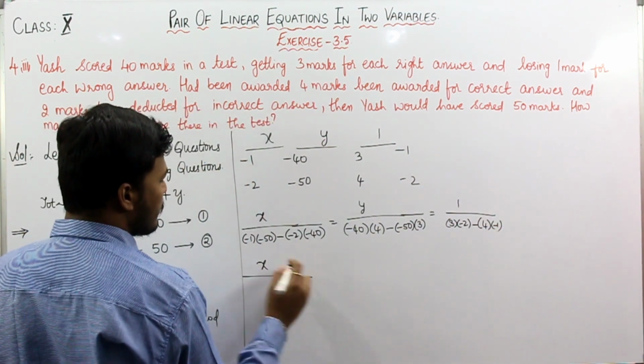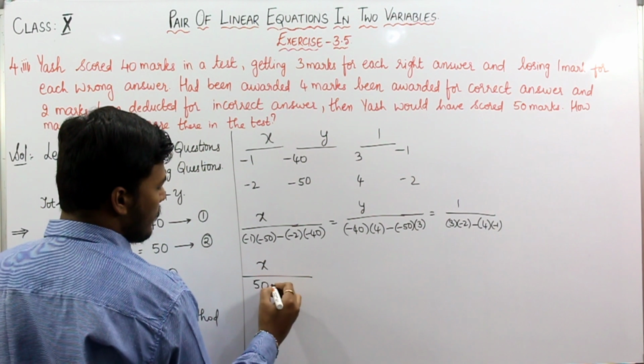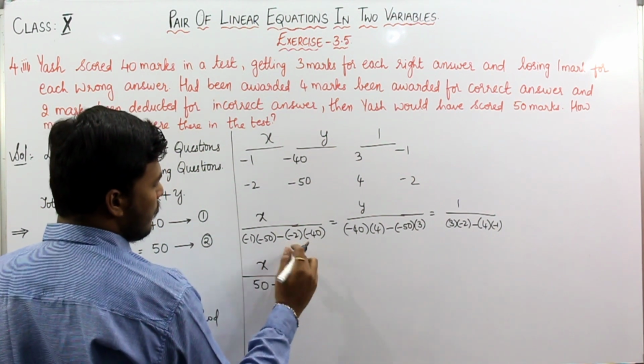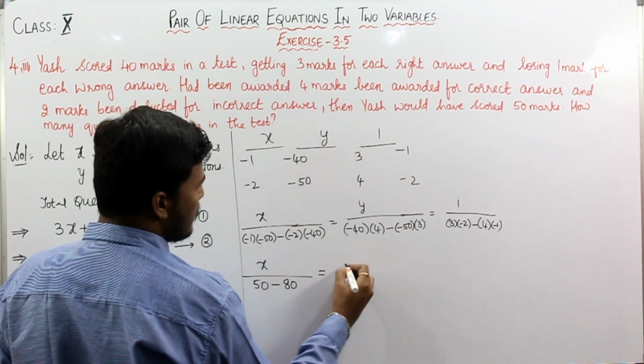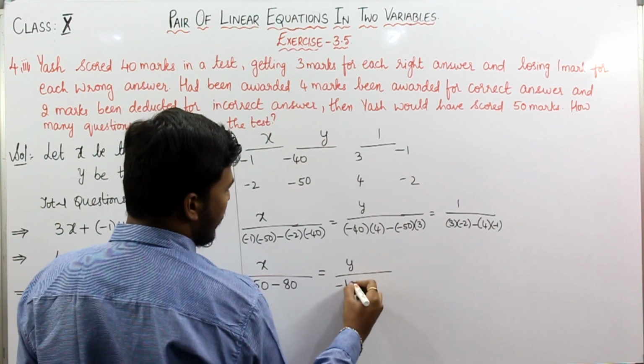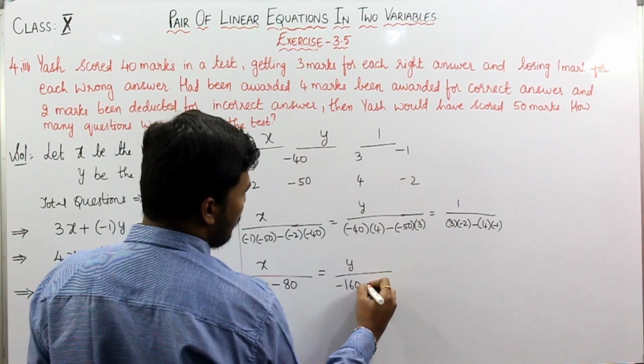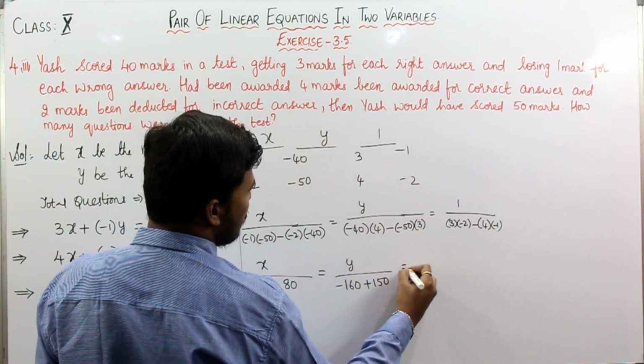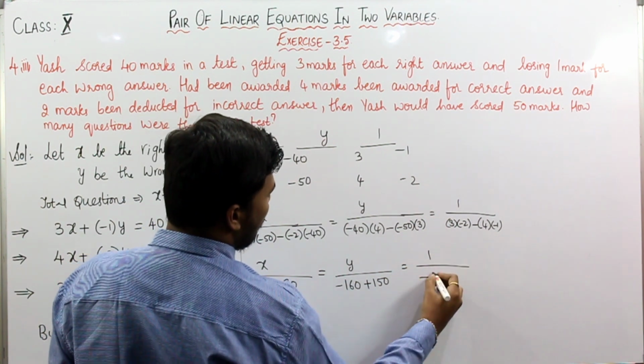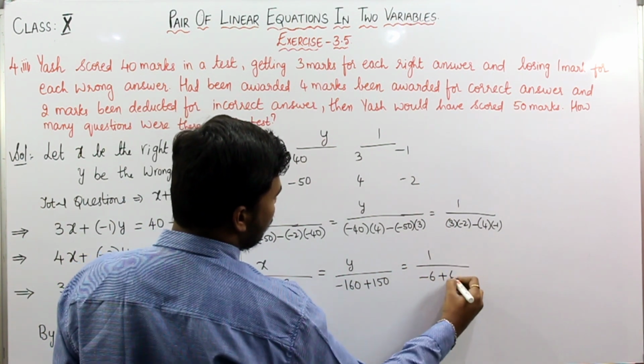So this will give you x by 50 minus 130 is 80 is equals to y by minus 160 plus 150 is equals to 1 by minus 6 plus 4.